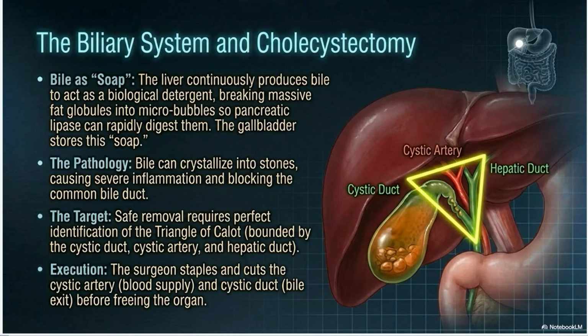Problems arise when bile components crystallize and form gallstones. These stones can block the cystic duct or bile duct, causing pain, inflammation, and infection. Cholecystectomy is one of the most commonly performed surgeries in the world, and it is now usually done using laparoscopic techniques.